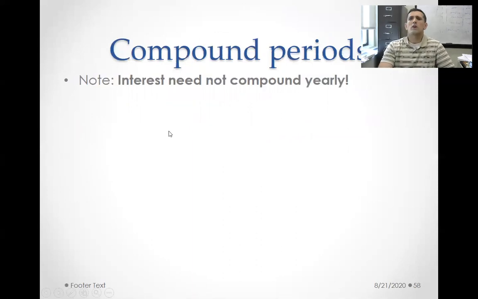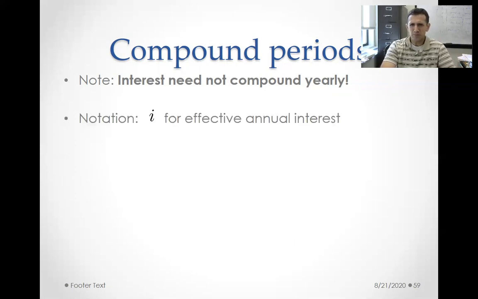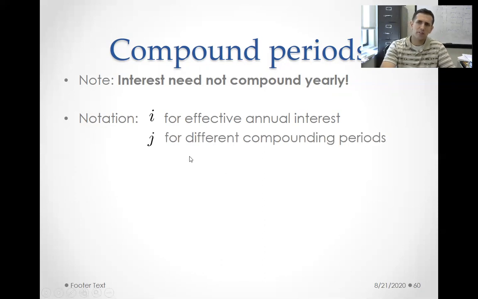Okay, so let's talk about different compounding periods. There's obviously no reason why interest needs to be compounded yearly. You can compound it daily, weekly, monthly, bi-monthly, bi-yearly, etc. I'll try to stick to I for effective annual interest and use J for different compounding periods.